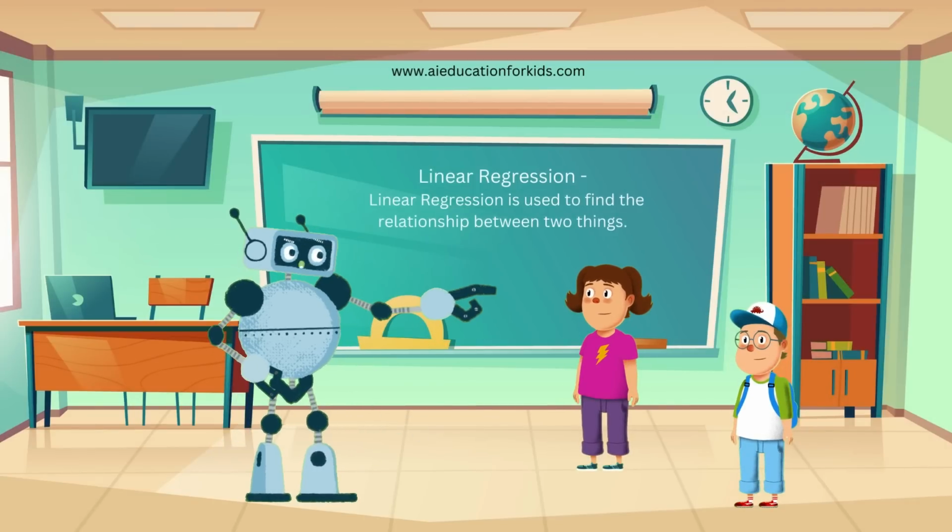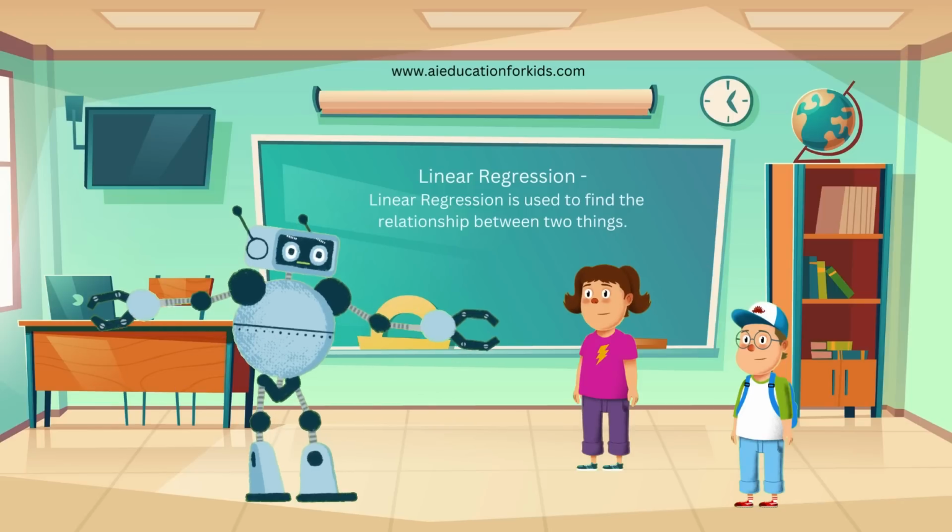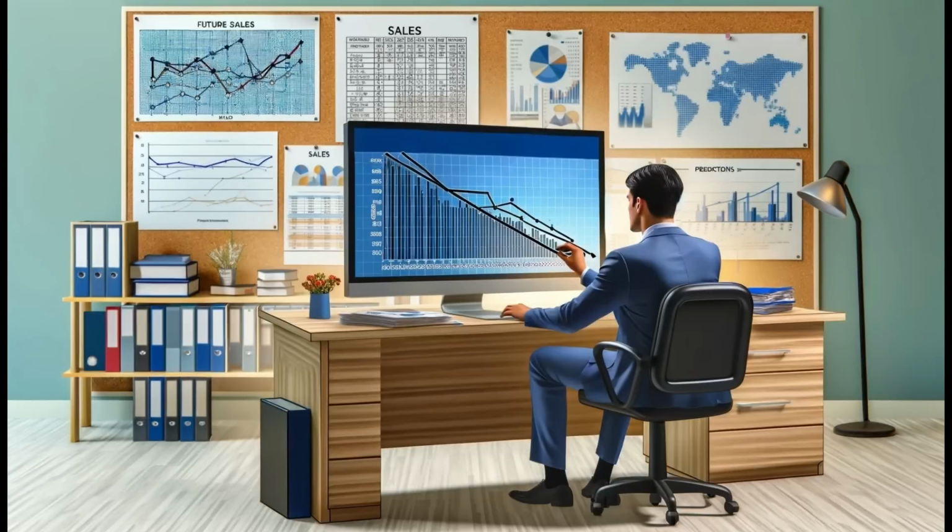The line helps us predict future heights based on the pattern it finds in the data. In real life, linear regression is used by economists to predict things like future sales based on past data. They can predict how much of a product will be sold next month based on sales data from previous months. This is another example of supervised learning.